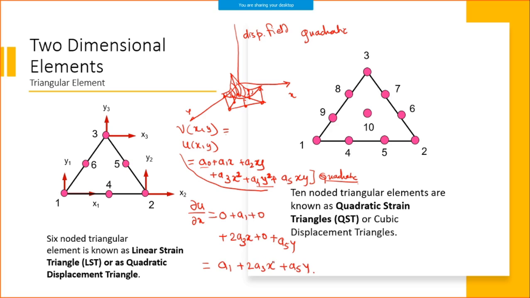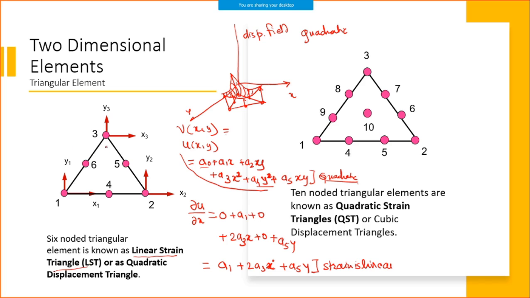In this equation, the power of x is 1, and that means the strain is nothing but what is called a linear strain. Strain is linear in this case. That's why this is called a linear strain triangle, because it represents the behavior of the strain in a linear fashion over the entire element.